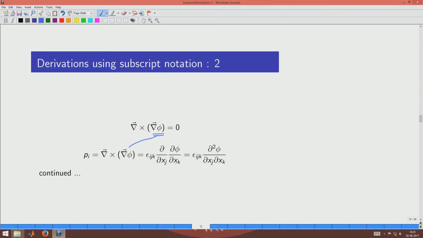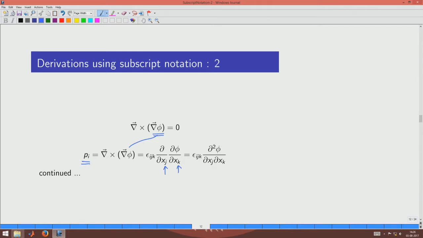So, we are going to assign some index, and the index that is assigned is k. And you have one operator here, you want to use an index for that, and we have chosen the index to be j. So, we choose ijk as the cyclic sequence of indices. So, the remaining index is i. So, that must be what is for the quantity that we are actually expressing in this form, the i-th component.